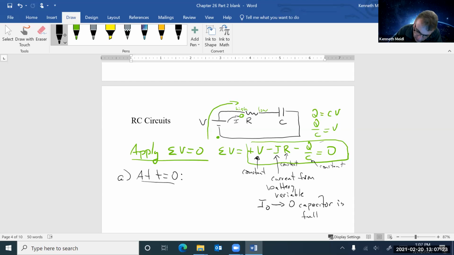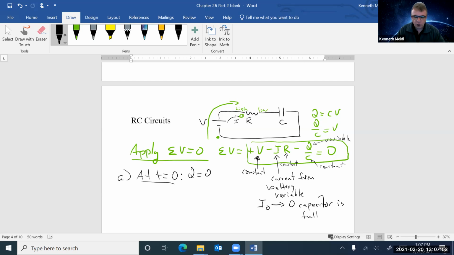But this right here, Q, this is a variable. At t equals 0, if there is no charge on the capacitor plates, then Q is 0. You start with no charge, and then it builds up, and Q keeps becoming a bigger and bigger number until you hit this maximum that you can have. So at t equals 0, Q equals 0.